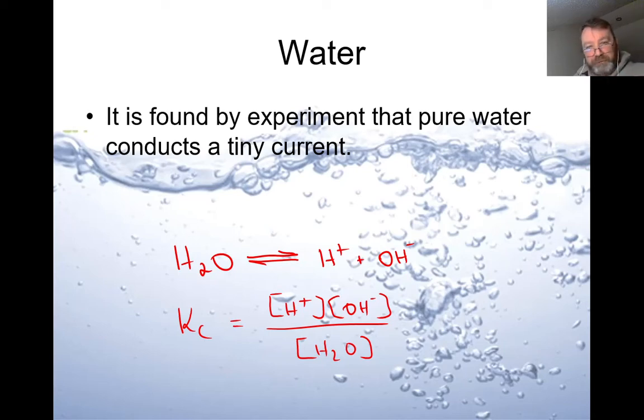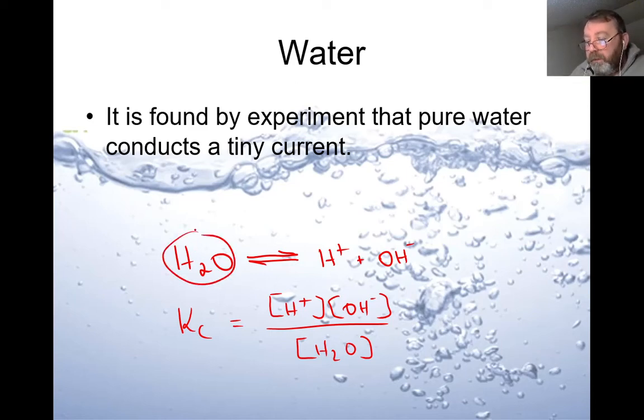So that's what I want you to just think on in terms of the previous chapter, that if water is able to set up an equilibrium with its own ions produced by dissociation, well then there exists a Kc which is calculated by multiplying the concentrations of H plus and OH minus ions together and dividing it by the concentration of the original water. Now, here's one thing I want you to remember.